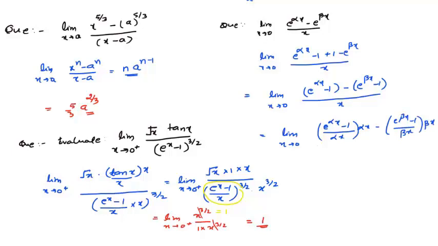The denominator we'll keep as it is, that is x. If you look at this, the first one has converted to limit of e raised to power f(x) minus 1 upon f(x), where f(x) is tending to 0 when x is tending to 0. When x is tending to 0, alpha x is tending to 0, and beta x is also tending to 0. So this will become equal to 1, and this will also become equal to 1.